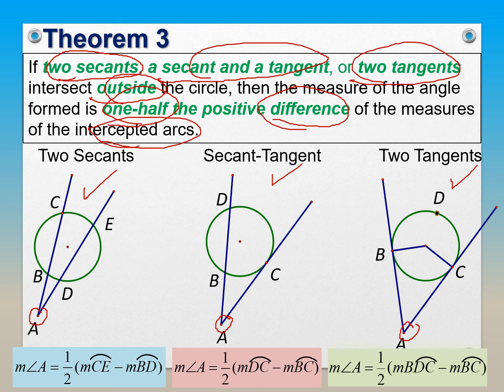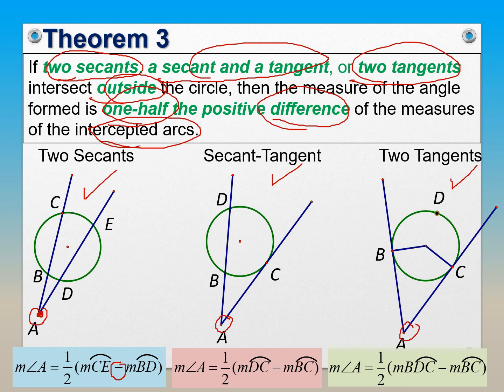Here, if the two lines intersect outside, then we have to subtract the arcs and then divide by 2. The only difference from the second theorem is that there we add the two arcs, then divide by 2, if the two lines intersect inside the circle.